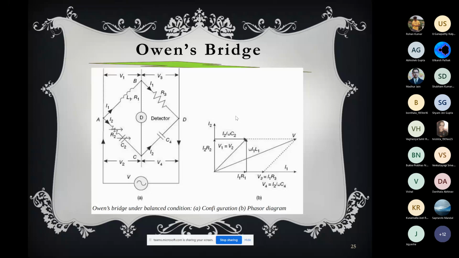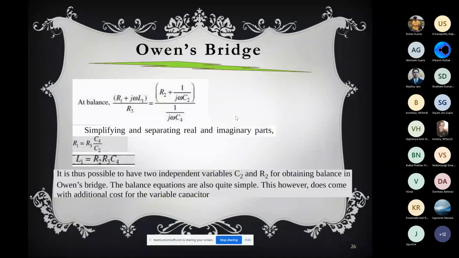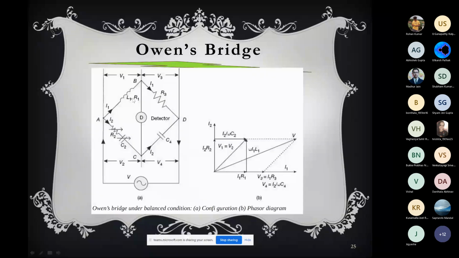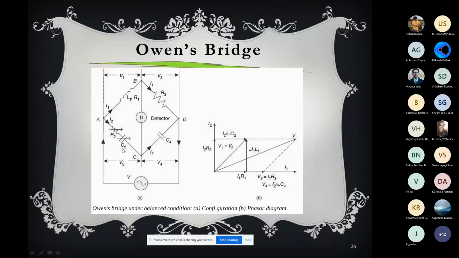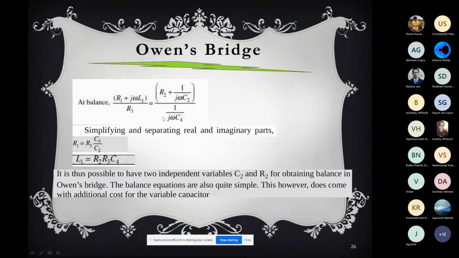So now the balance condition we could write: (R1 plus j omega L1) by R3 will be equal to (R2 plus 1 by j omega C2) by (1 by j omega C4).